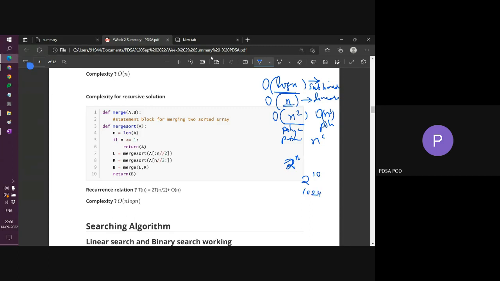You can keep on increasing this value of n, and after a certain point, say 2 power 100, it is very difficult to compute. So even for an input size of 100, you will take years to compute a solution if the algorithm has exponential time complexity, which is 2 power n.